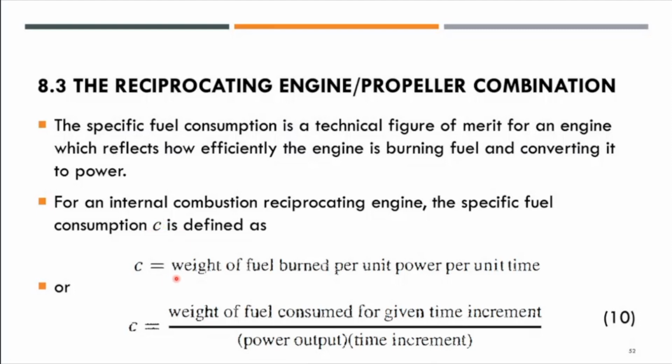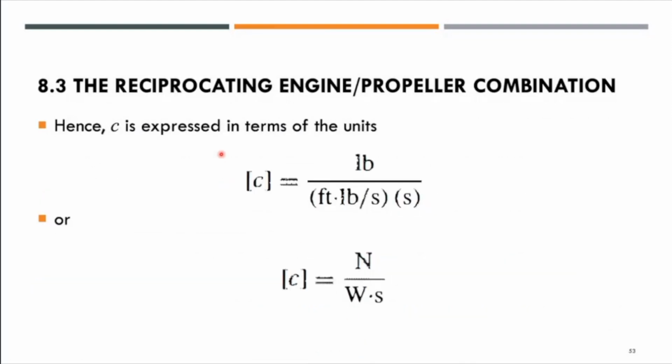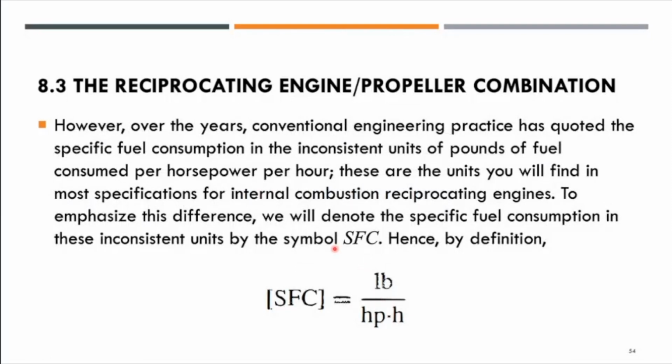C is the weight of fuel burned per unit power per unit time, equal to the weight of fuel consumed for a given time increment divided by the power output times the time increment. Hence, c can be expressed in units such as pound per foot-pound per second times second, or Newton per watt second. But normally we are used to using the symbol SFC.